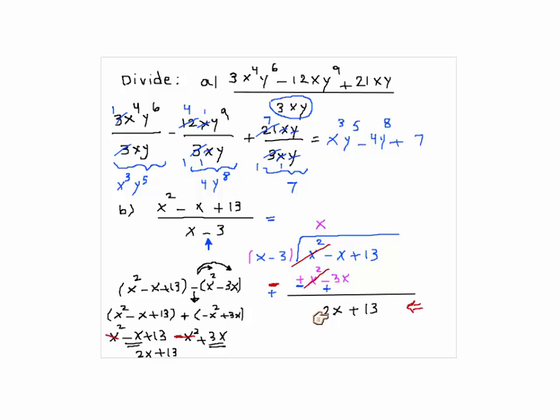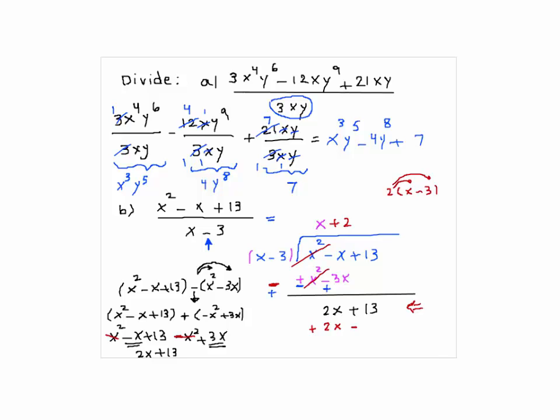I think 2. Right, that would be plus 2. So now I need to distribute 2. Okay, so now it's like I have 2 times x minus 3. I distribute the 2 to place it here.